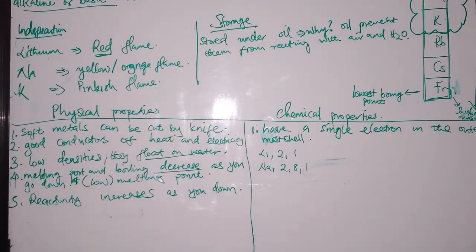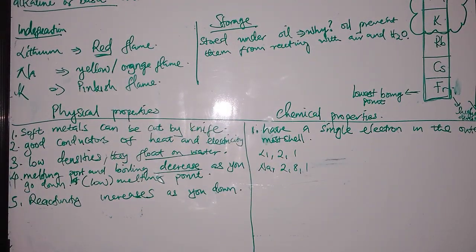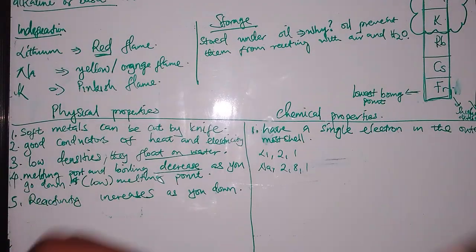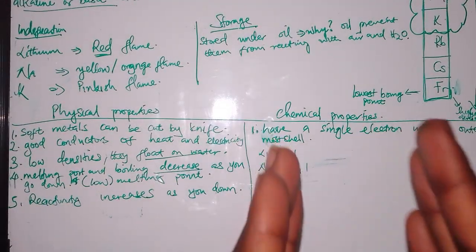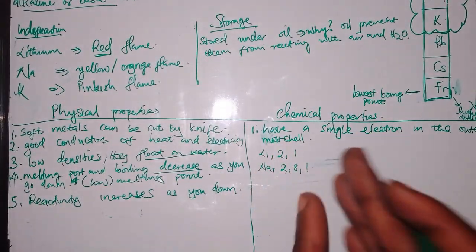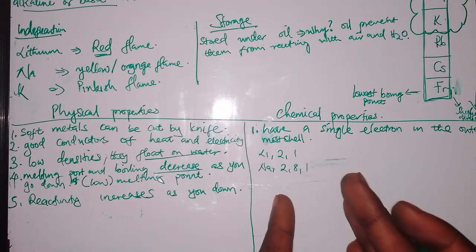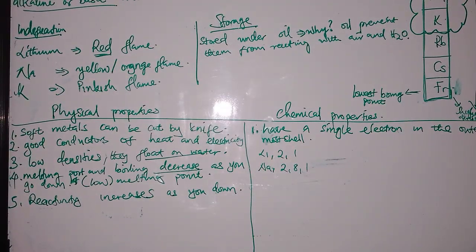Remember, each element in group 1 has one electron in its outermost shell. That's why we are saying the electrons in the outermost shell determine the group. In group 1 they will have a single electron, in group 2 they will have 2, in group 3 they will have 3, just like that.